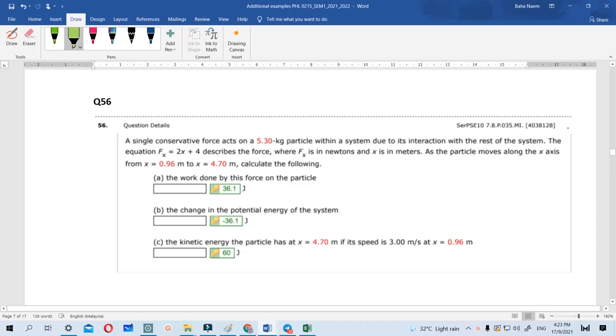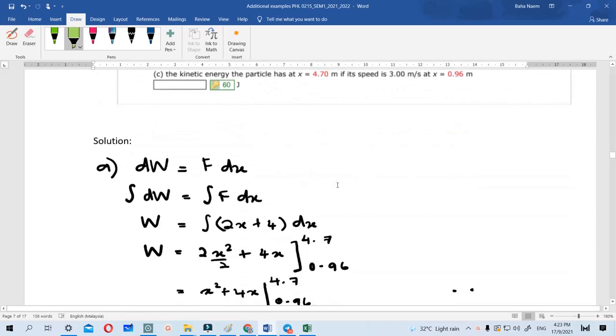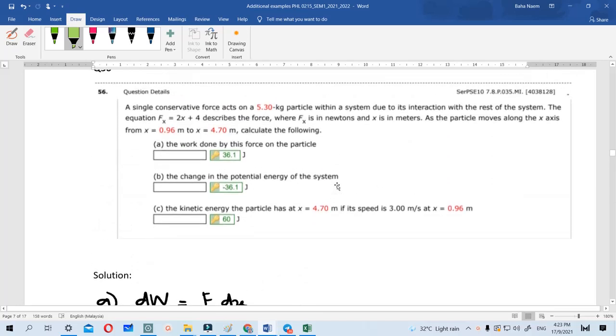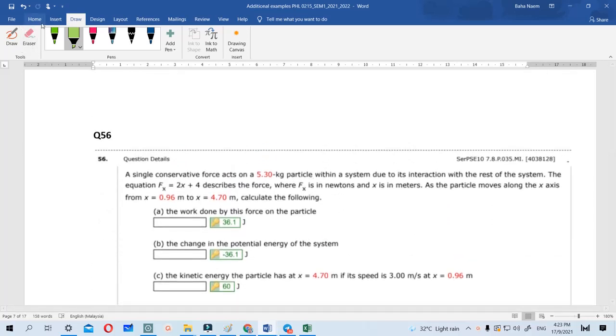Alright, let's look at this example. In this example, you will find that you are going to do integration. Why? Because here you have no constant force, and in fact, you are given an equation to describe the force. That's the reason why we are going to use this technique.